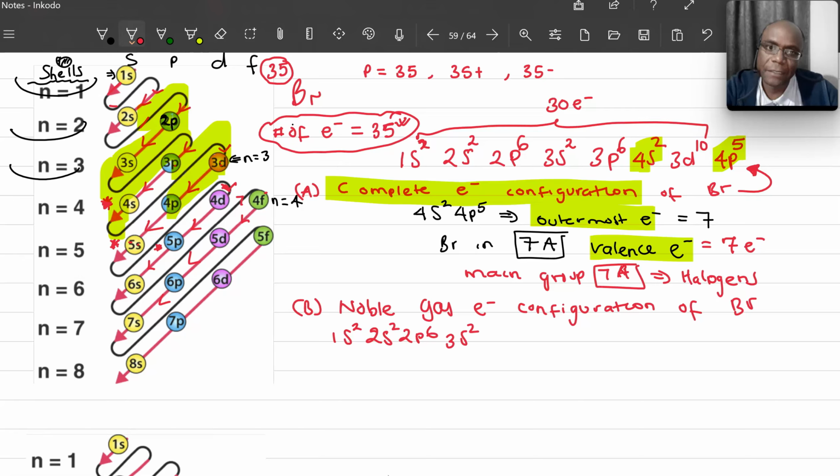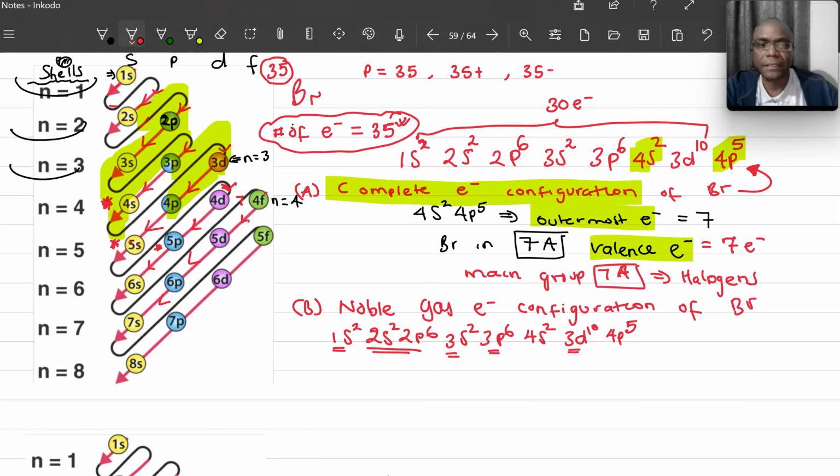And then identify the orbitals that are fully filled, the shells that are fully filled, so to speak. Okay? So I can tell that for sure the first shell is filled up, the second shell is filled up, and the third shell is filled up.